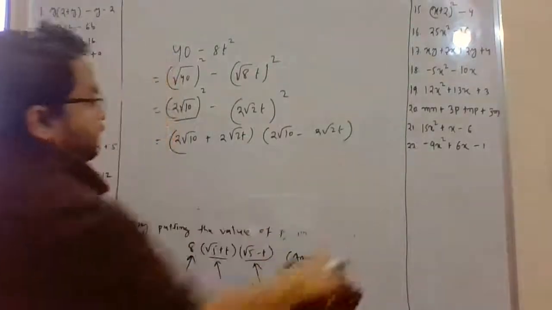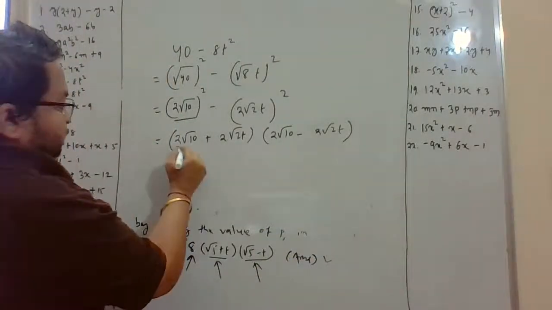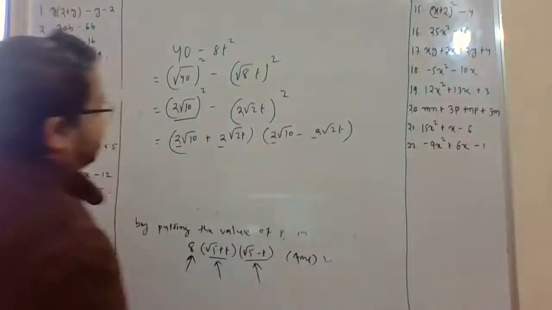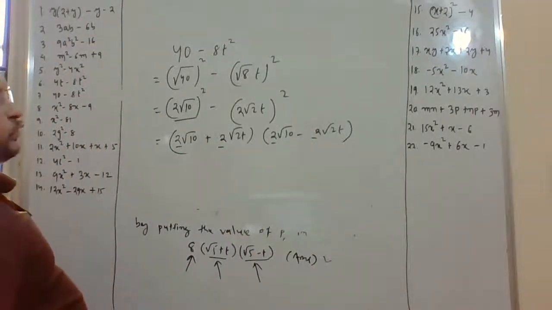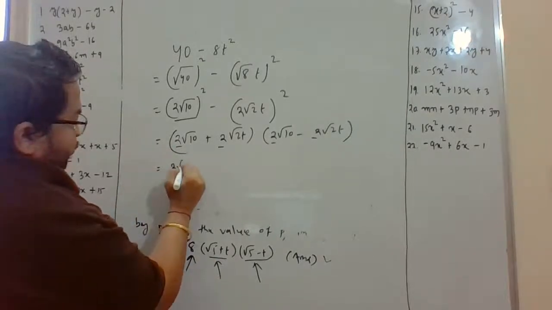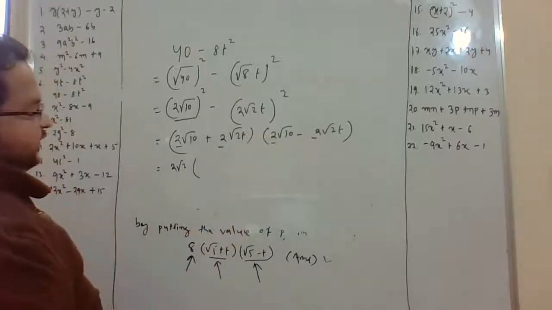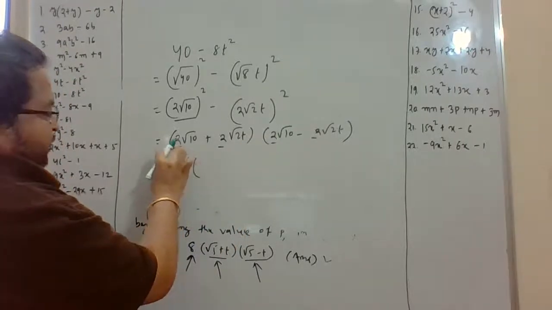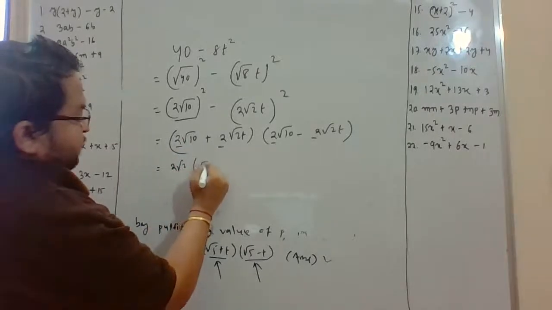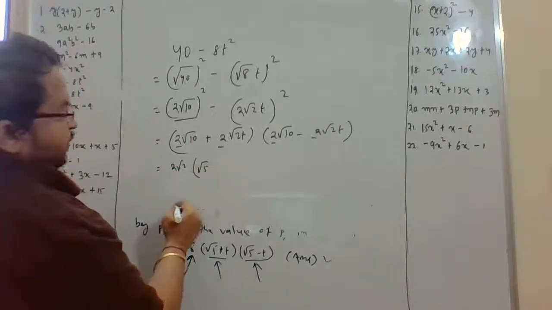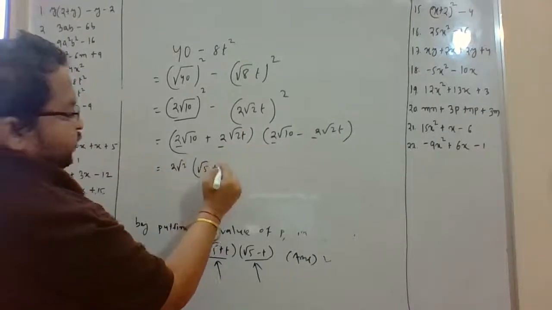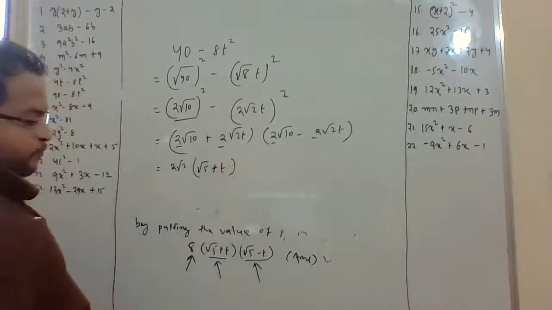If you see across all these terms, there is a 2 root 2 which you can take common. If I take 2 root 2 common across all of these, then from here 2 is gone, from root 10 root 2 is gone, so I'm left with only root 5, plus here 2 root 2, the entire coefficient is gone, into t.